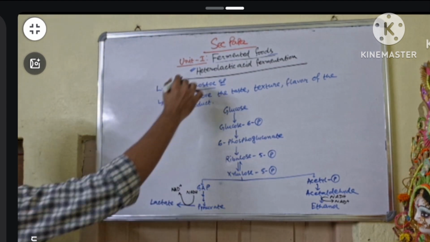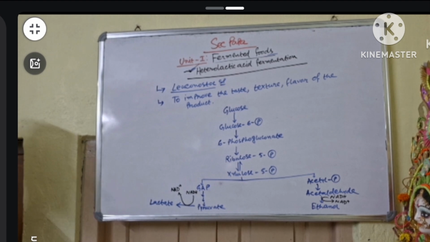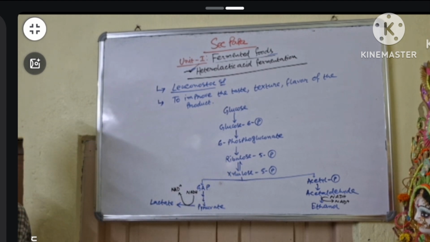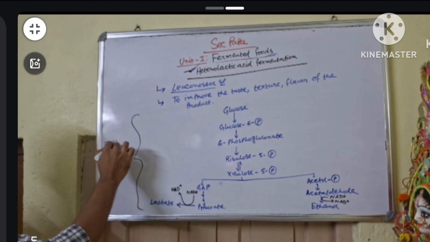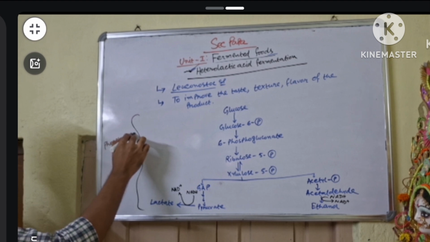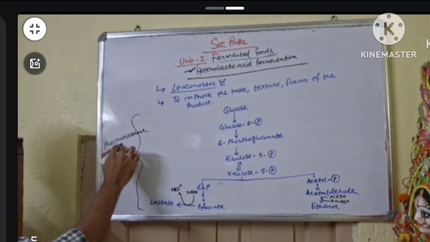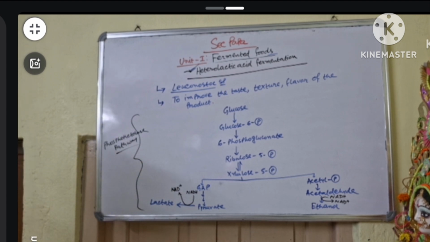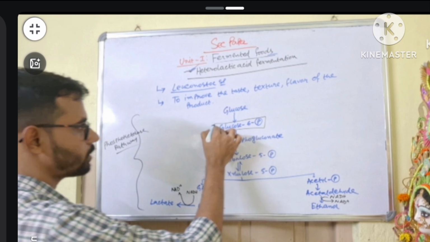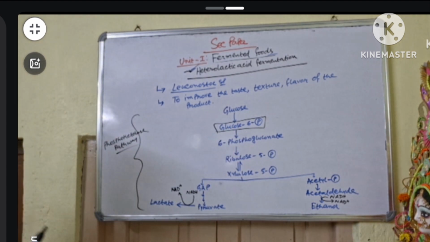So check the pathway. In heterolactic acid fermentation, it does not usually go through glycolysis, but shuttles into a different pathway, known as the phosphoketolase pathway. Changing from glycolysis, it enters the phosphoketolase pathway, and from there they produce two products. The divergent point is glucose 6 phosphate.